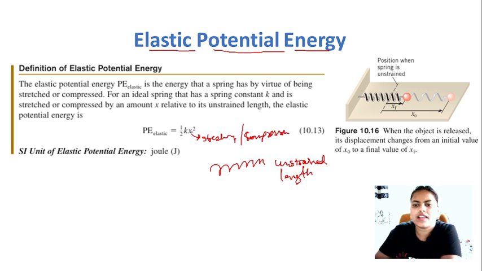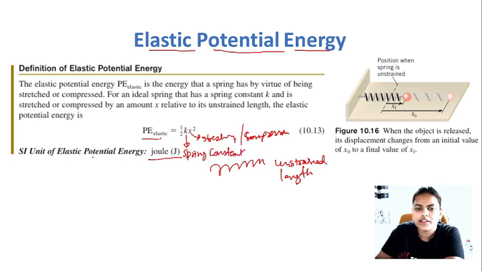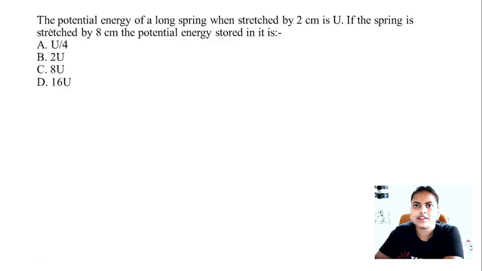So elastic potential energy is equal to half k x square. K is the spring constant. The unit is joule. Let's solve this numerical.